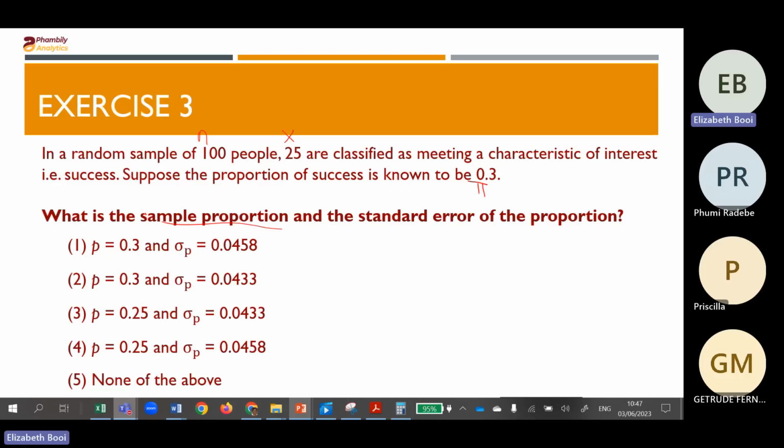What is the sample proportion? What is our X? 25. And what is it divided by? 100. And what is 25 divided by 100? 0.25.